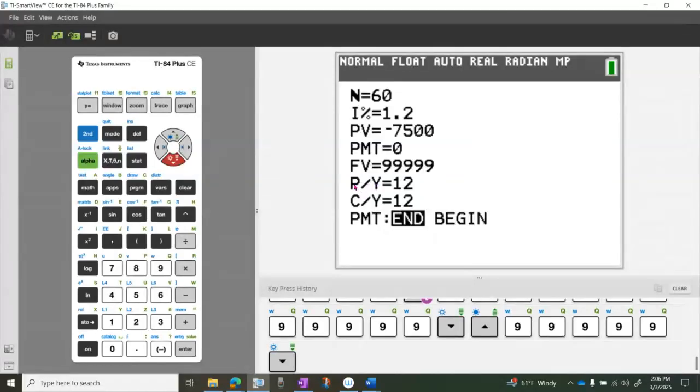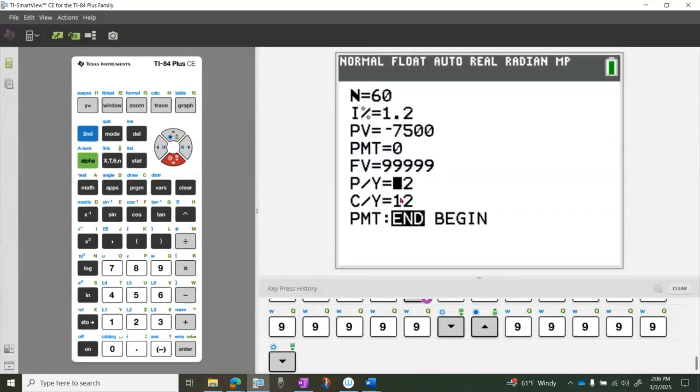P per Y means the number of compounding periods per year. Once a month, so it's 12. C per Y is the number of compounding periods, which is the number of payments every year. So just know those two entries always have the same value.